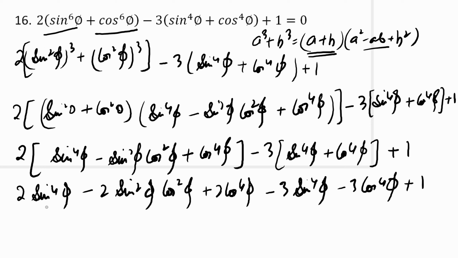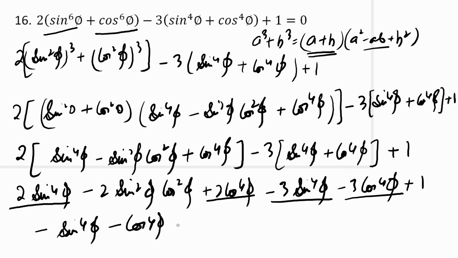Now what will I get? Here I will get 2 sine 4 phi minus 3 sine 4 phi, it will become minus sine 4 phi. Similarly, 2 cos 4 phi minus 3 cos 4 phi will become minus cos 4 phi, minus 2 sine square phi cos square phi plus 1.